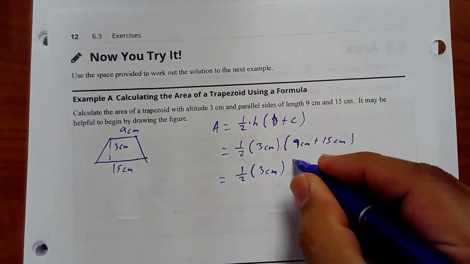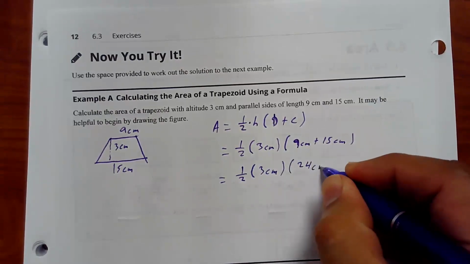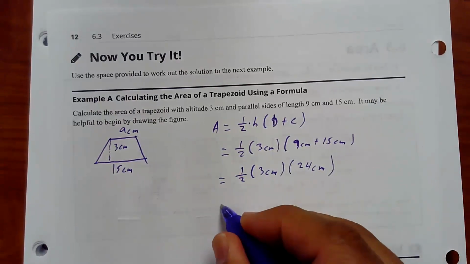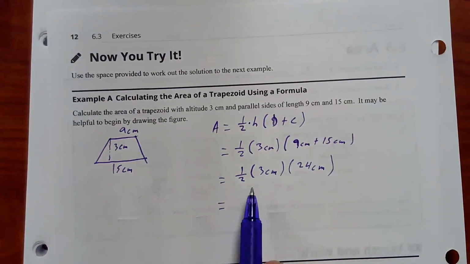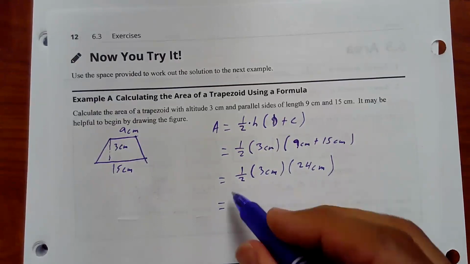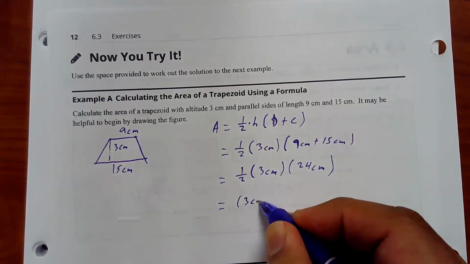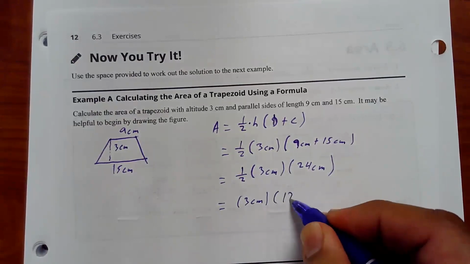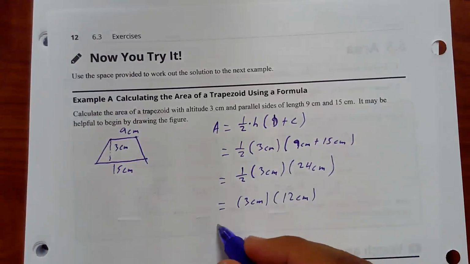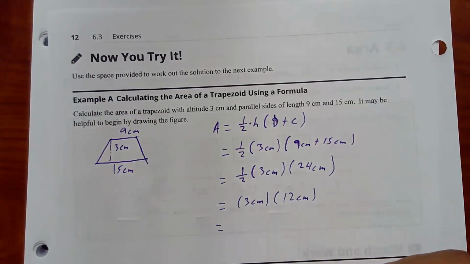Yeah, 24, right? So just because I'm lazy, half of 24, 12. 3 times 12.